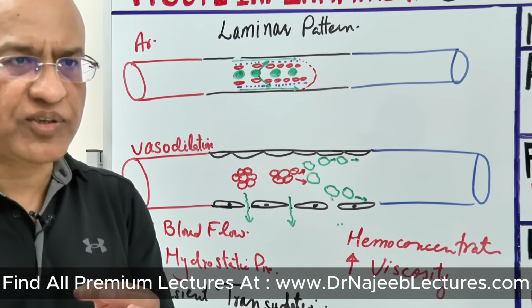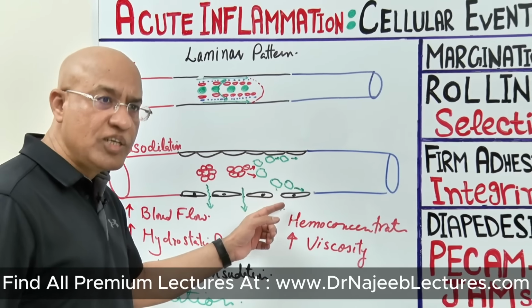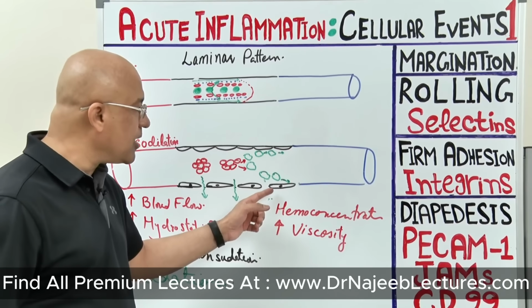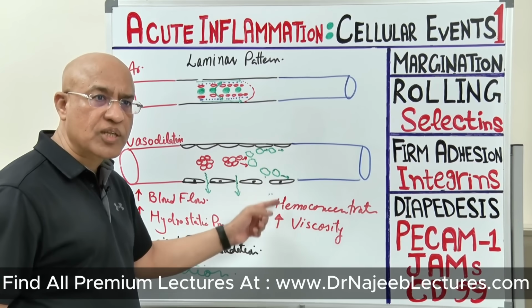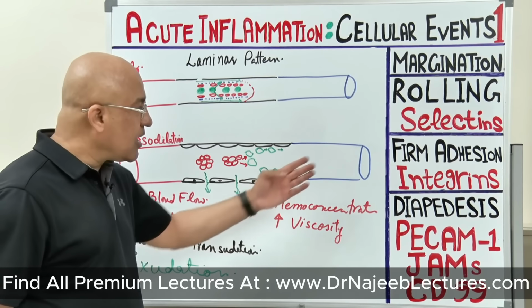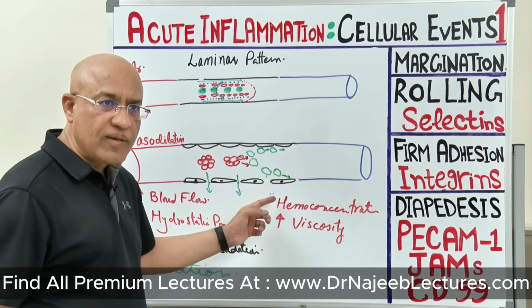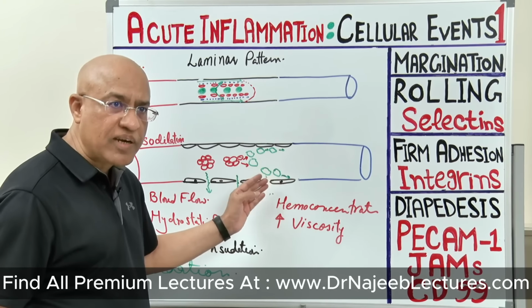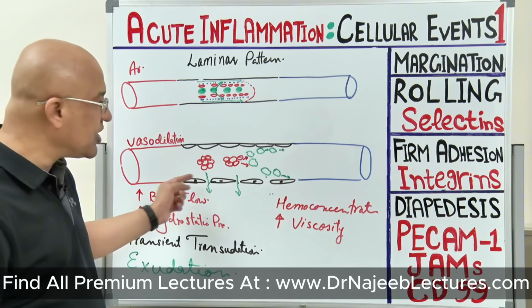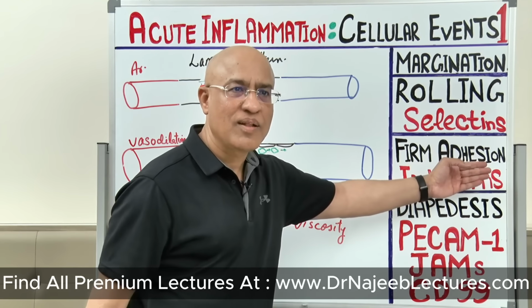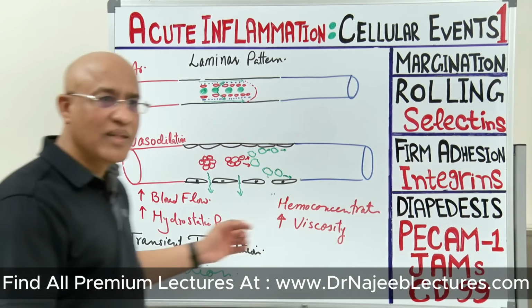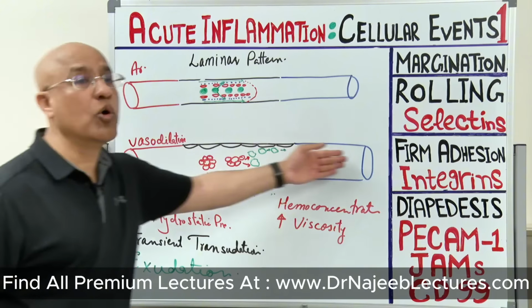Margination is a prerequisite before the adhesion molecules between the endothelial cell and leukocyte interact with each other, and selectins and integrins interact, and white blood cells become adherent to this endothelium, and they don't leave the circulatory system. They don't simply come and go.